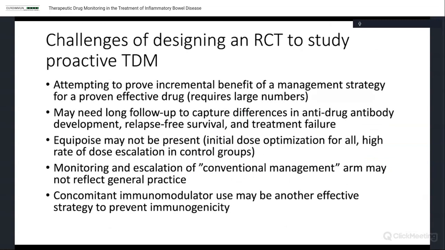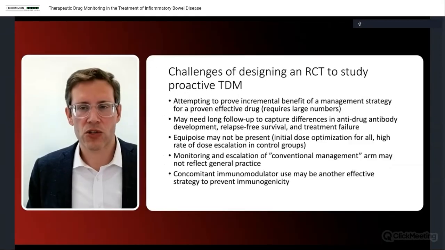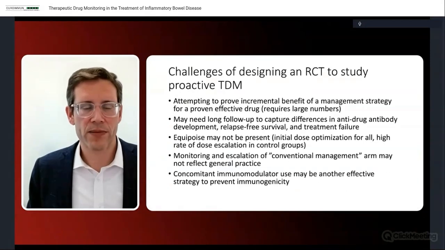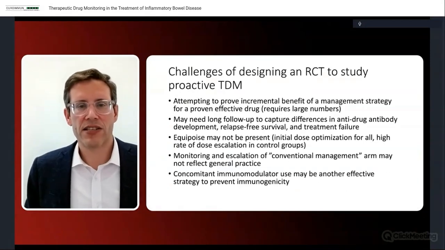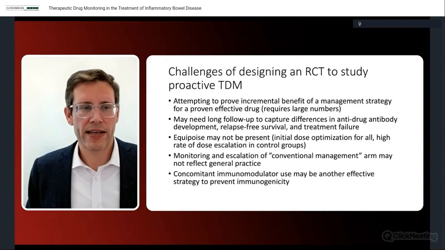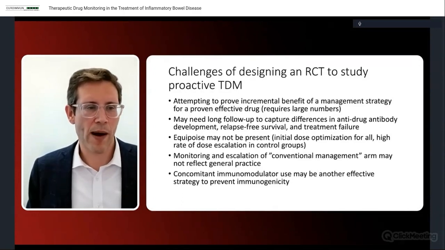So why are we seeing these differences in the observational studies compared to the randomized controlled trials? And of course, randomized controlled trials are our gold standards, but there are some challenges of designing an RCT to study something like proactive TDM. And I'll give you some of my thoughts here.